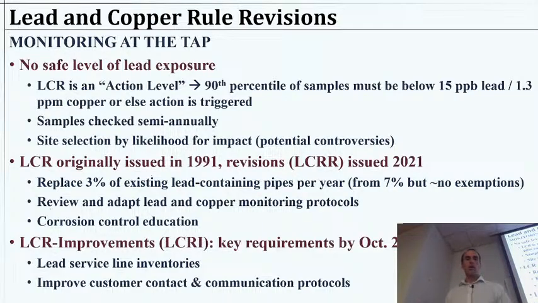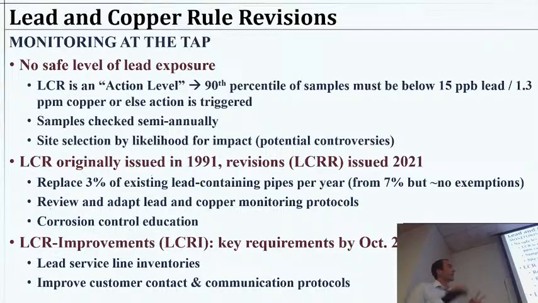The LCR, the lead and copper rule, is the acronym. It essentially gives an action level where the 90th percentile of samples must be below 15 parts per billion of lead or 1.3 parts per million of copper. Otherwise, some action is triggered.